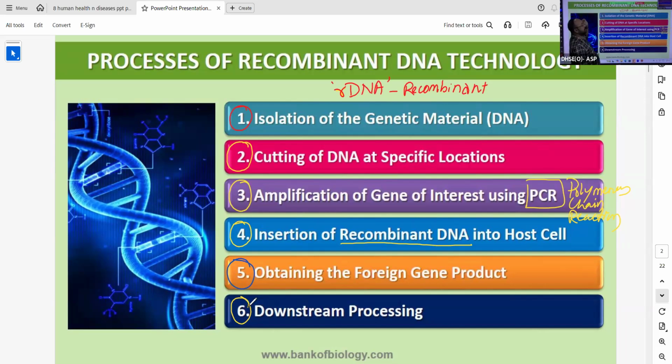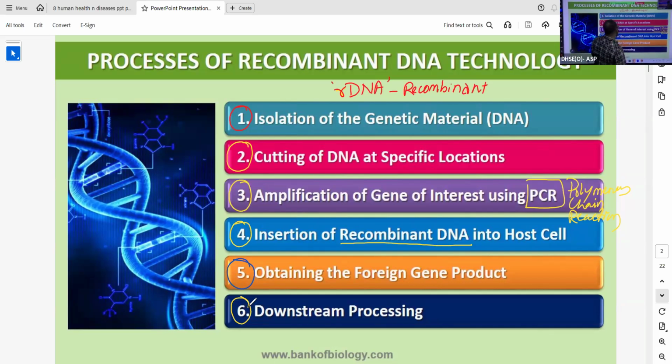The first is isolation of genetic material from the DNA. Cutting of DNA at specific sites. Amplification of that gene of interest by using PCR. Then insertion, making or manufacturing of the recombinant DNA. And then inserting that recombinant DNA into the host cell.